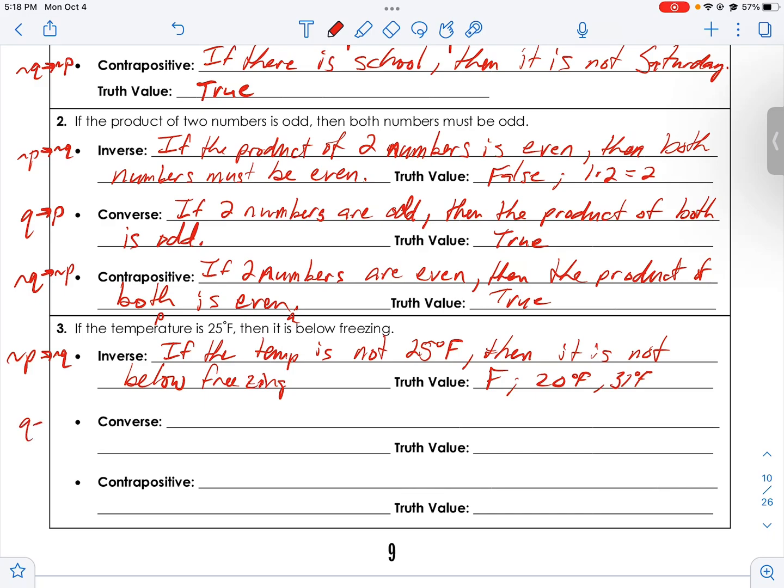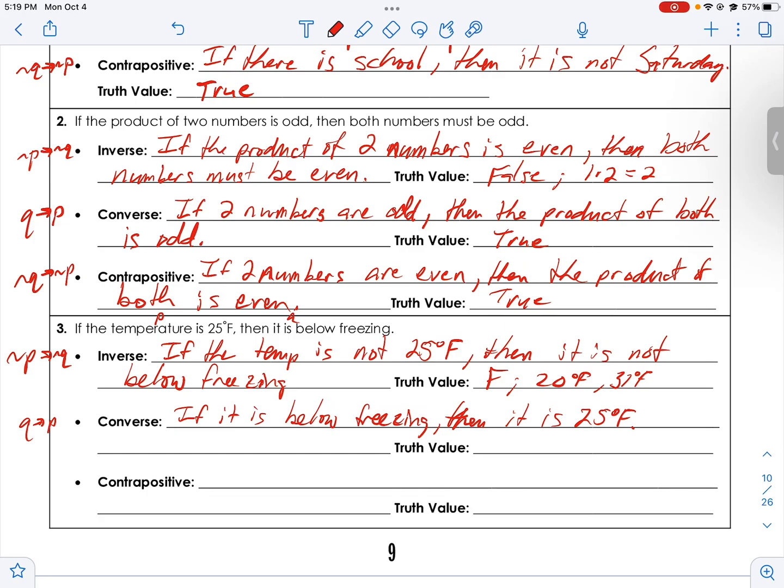Now, a converse, Q then P. So we're going to flip the sentence, okay? If it is below freezing, then it is 25 degrees Fahrenheit.